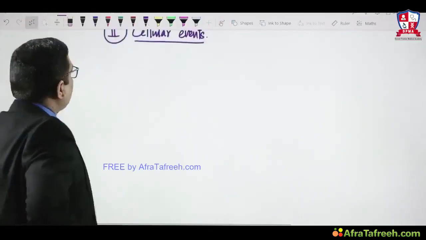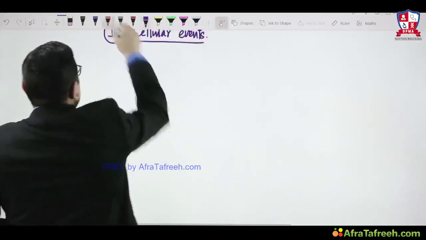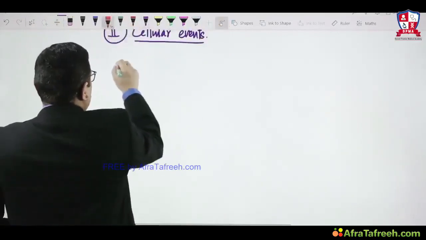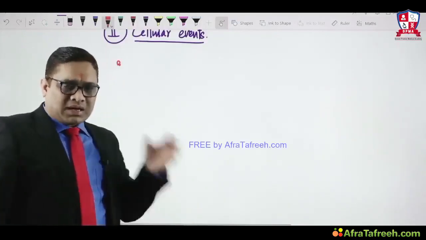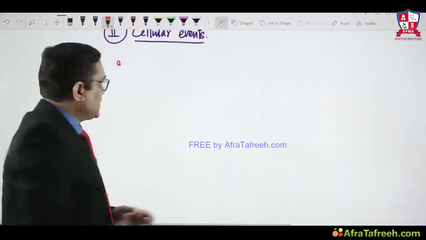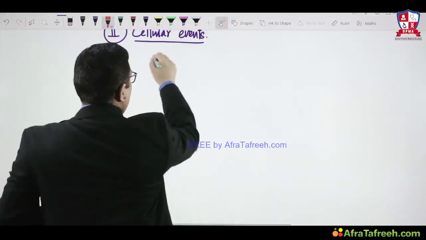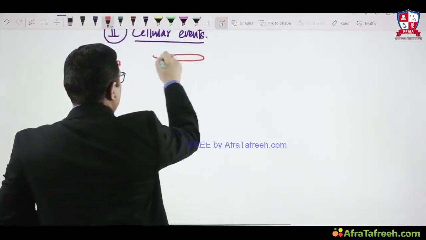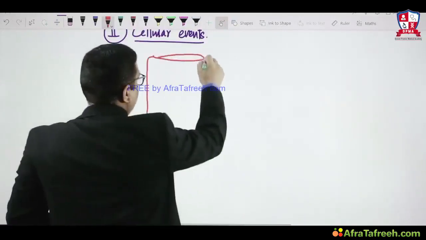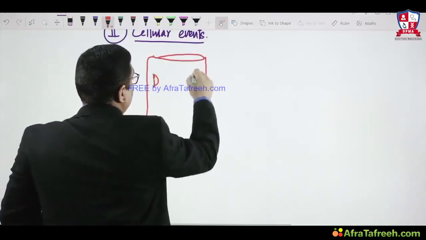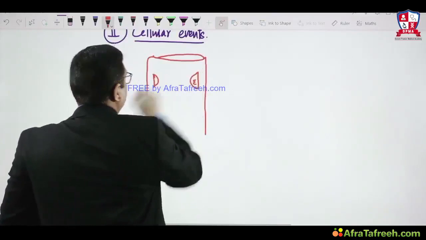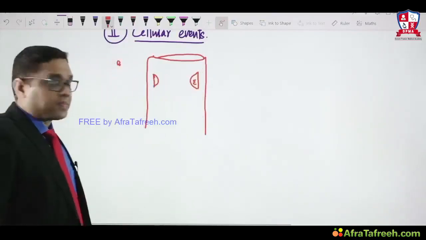Suppose I am drawing, this is the blood vessel. Remember, this diagram which I am going to draw is a schematic diagram for understanding point of view, right? As we have learned, the blood vessel has an endothelial lining. So these are the endothelium, right?